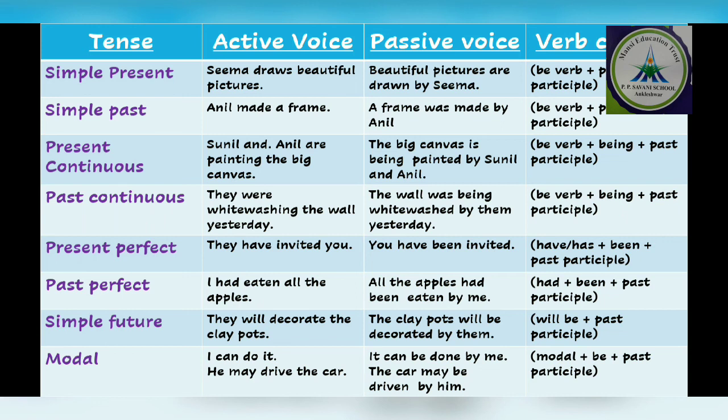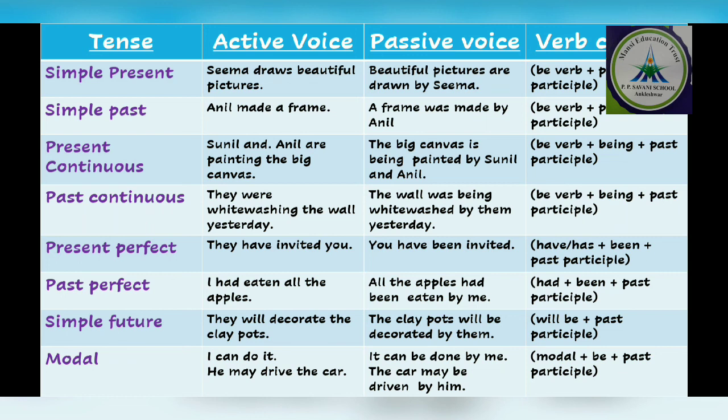Past perfect: I had eaten all apples. All the apples had been eaten by them. Okay, here the word been, B-E-E-N, shows the perfect tense. BEING shows the continuous tense, whereas BEEN shows the perfect tense.